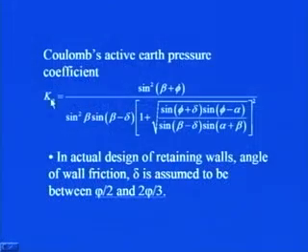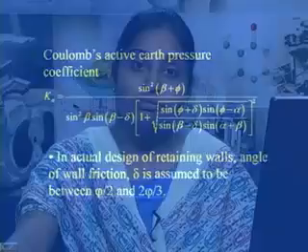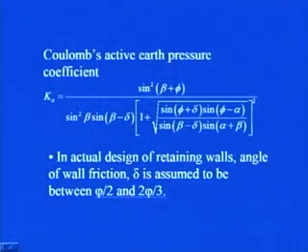So, you see this Ka expression is given by this expression. It is not necessary to remember this long expression, as for different corresponding values of beta, phi, delta and alpha, this Ka value has been given in standard books. So, you can use those values directly in spite of using this particular expression.